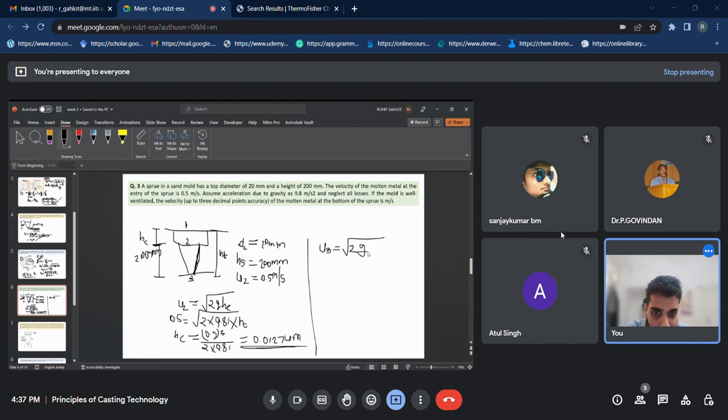Then I can easily calculate the velocity at 3 from this total height. So from here I will be getting this U3 as around 2.04 meter per second.